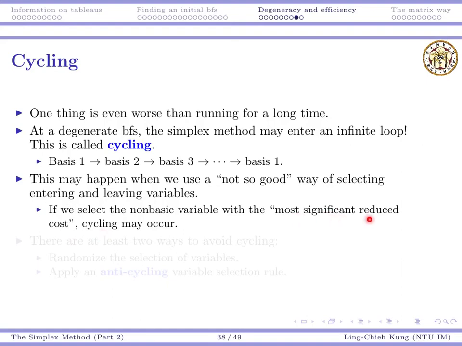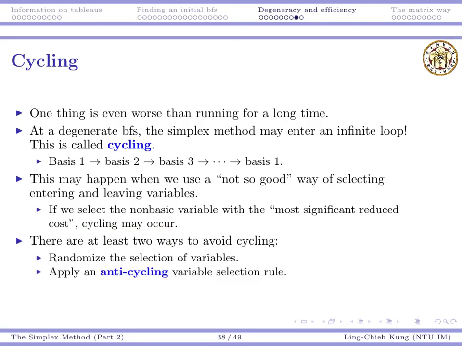Most significant means for a maximization problem, I choose the smallest or the most negative reduced cost. For a minimization problem, I choose the largest reduced cost. Okay? Suppose I use that rule, I can show you that there are some examples where you will eventually end up with cycling. So there are at least two ways to avoid cycling.